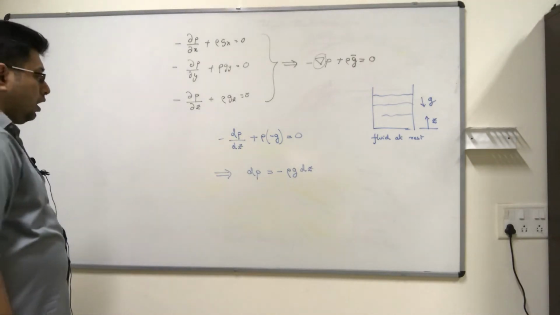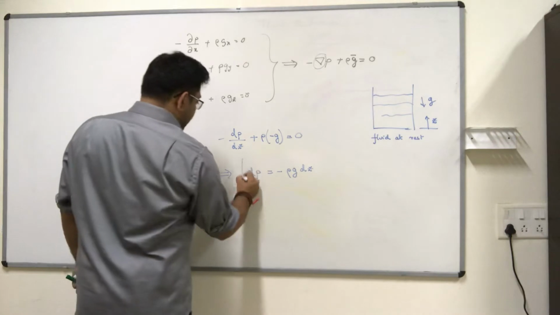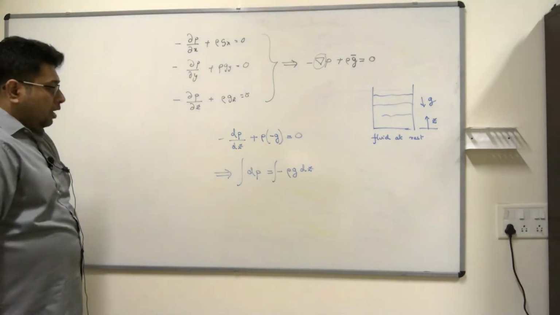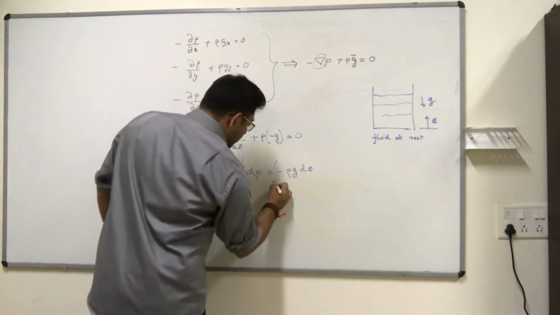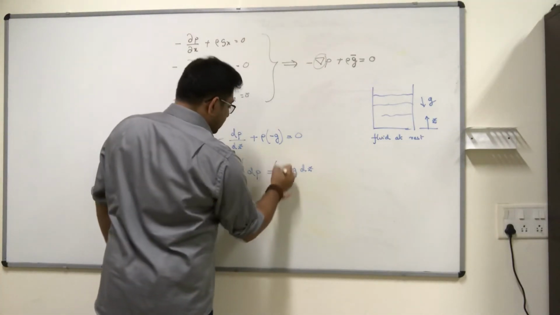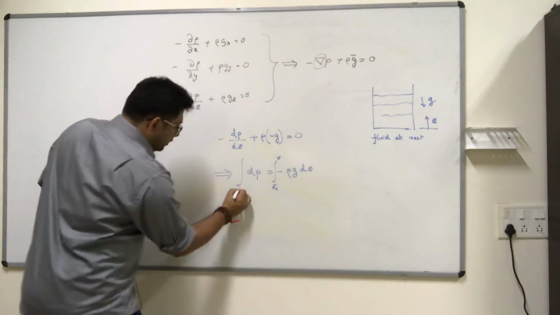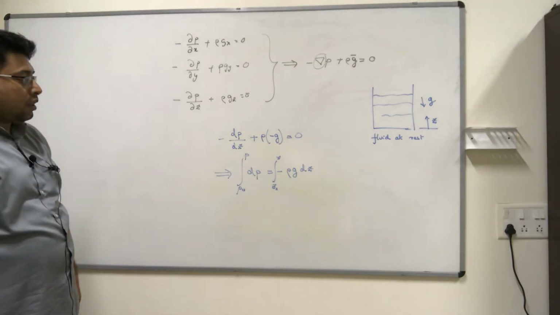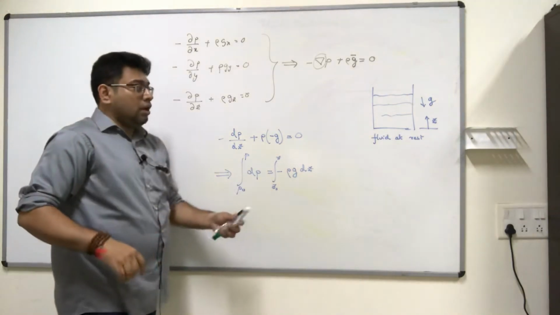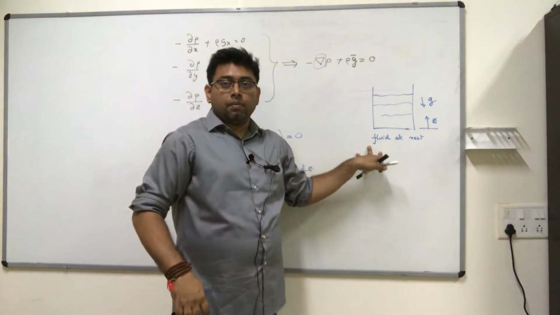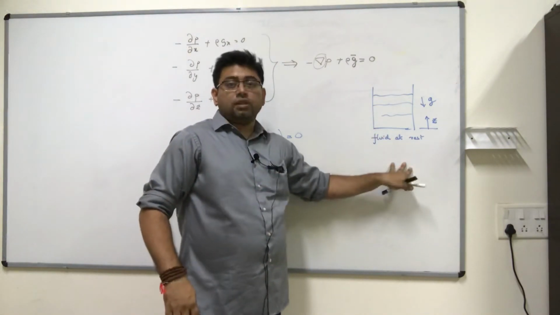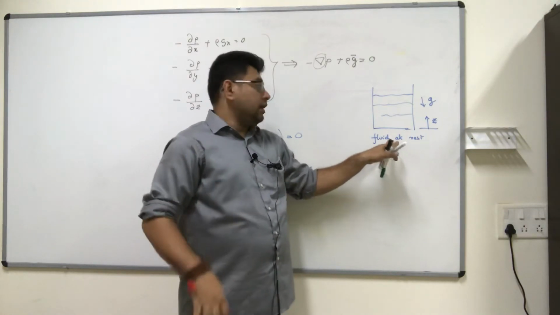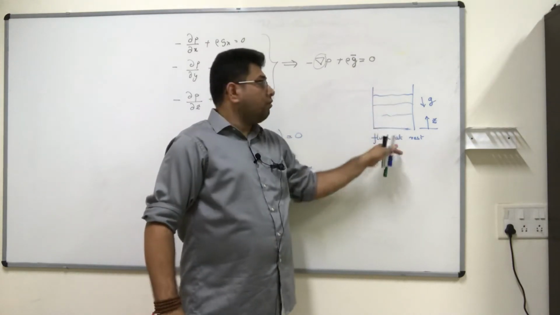Right? So if I had to integrate, I would have to integrate over these two if I had to solve for them. And let's say I have to solve from some datum z0 to z, where the pressure is known as some p0, and I need to know what p is. If this fluid is incompressible, and if rho is not a function of z, incompressible meaning the density is not a function of z.